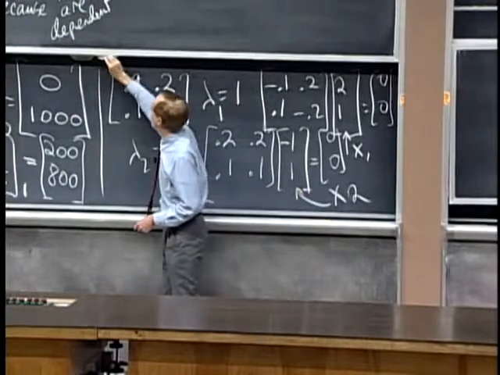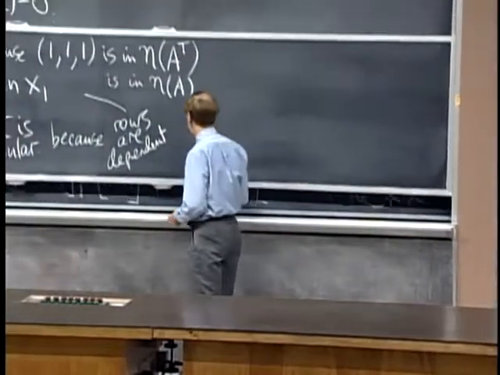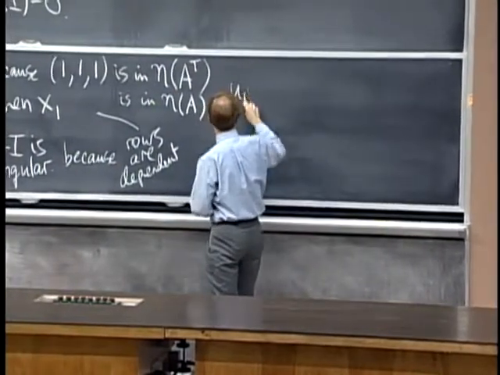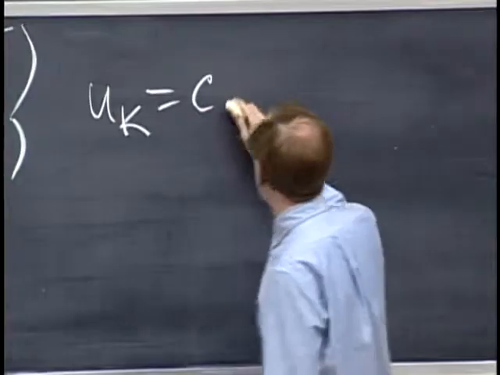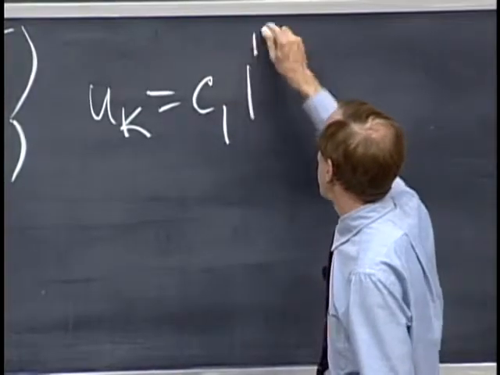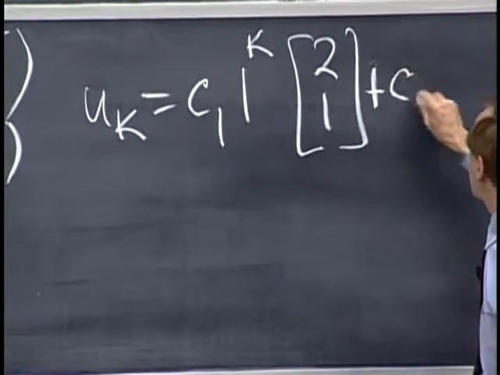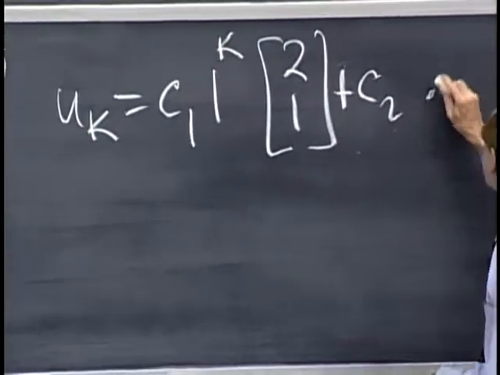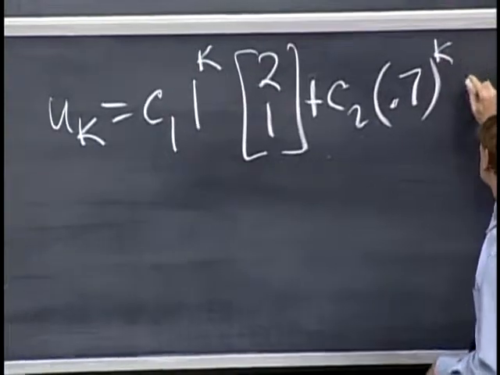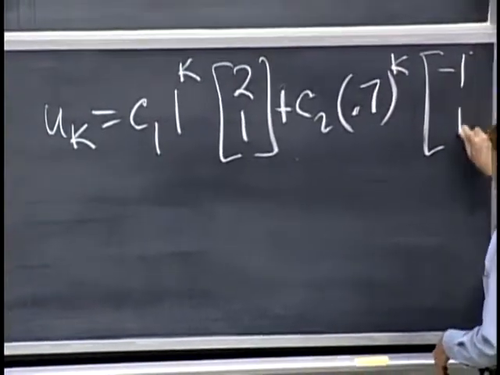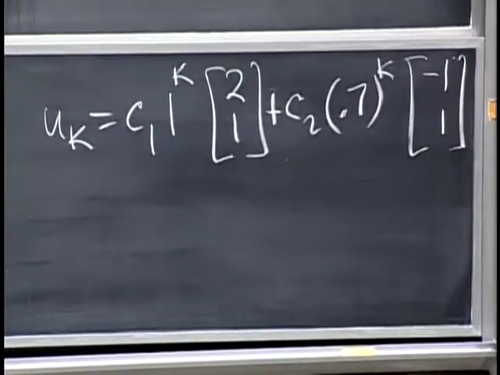So I'll just write it above here. U after k steps is some multiple of 1 to the k times the 2, 1 eigenvector, and some multiple of 0.7 to the k times the minus 1, 1 eigenvector. Right?